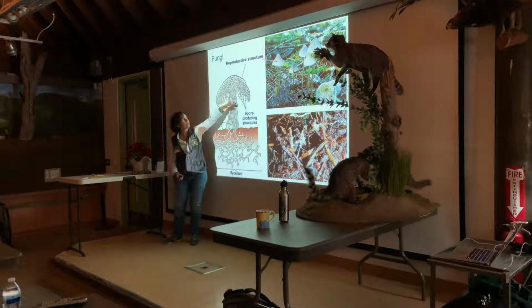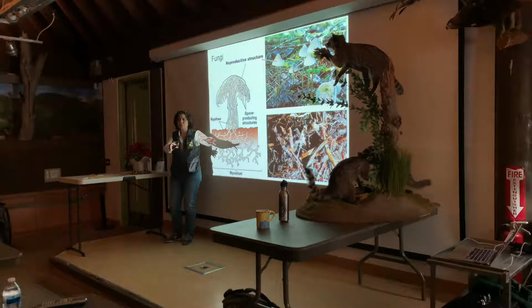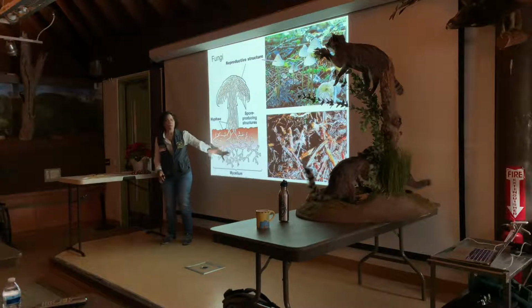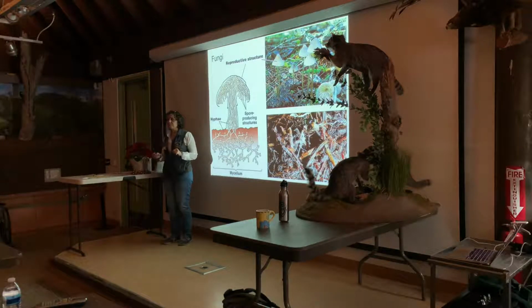It produces the spores, and it's just a little small part of the whole body of the fungus. The fungus is growing all through the soil or all through the rotting wood, right? They are microscopically thin, right? You can't see them.